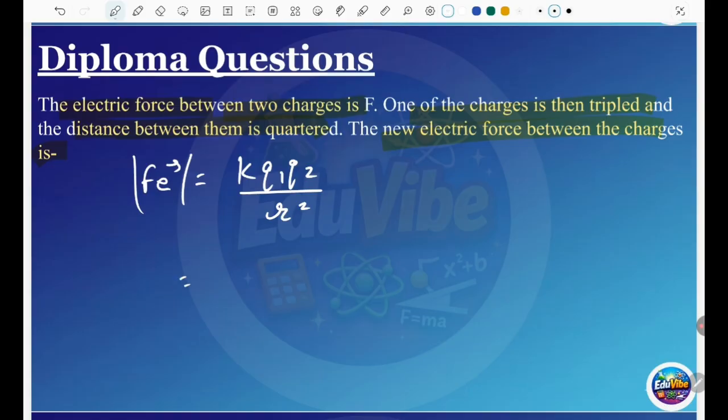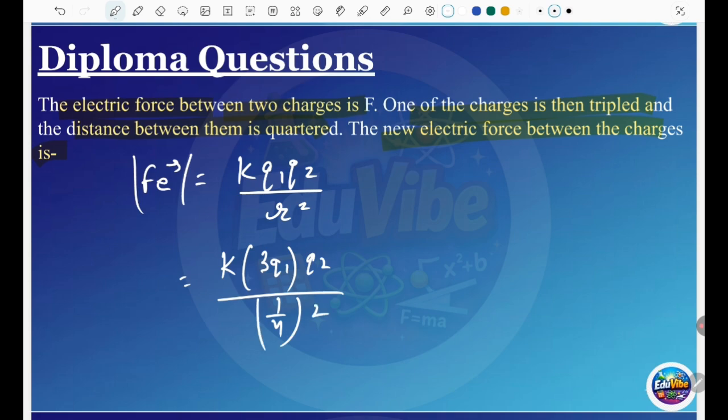So that's the formula, and they tell us that one of the charges is tripled. So if Q1 is tripled, like this, and the distance between them is quartered, Q2 stays the same and r is quartered, like this.